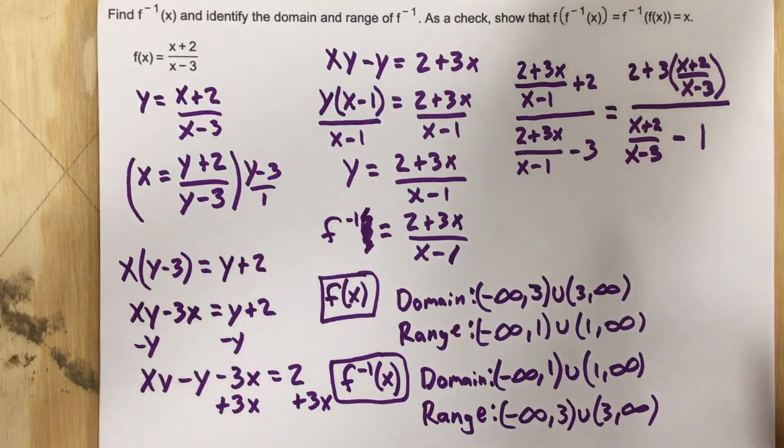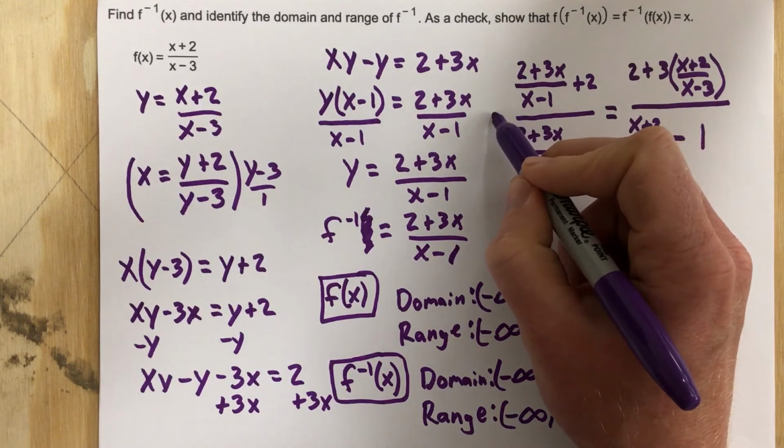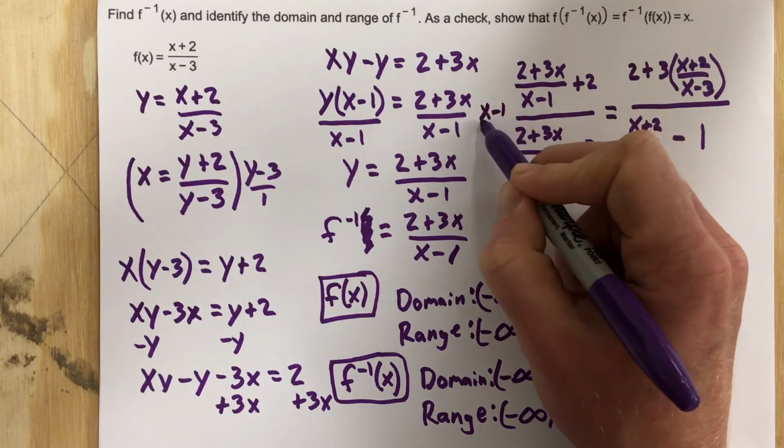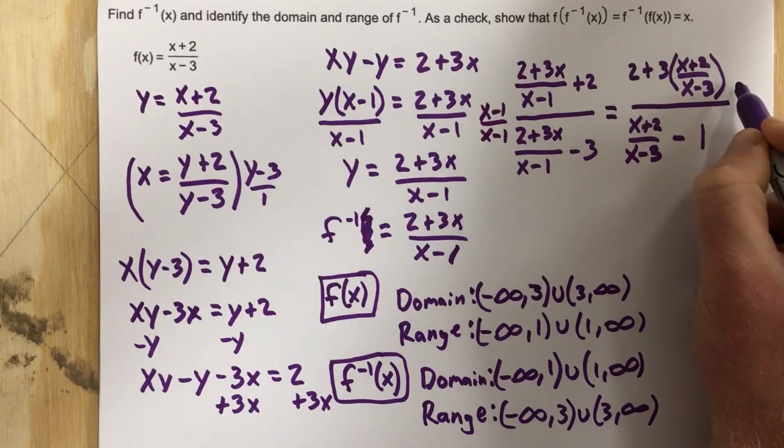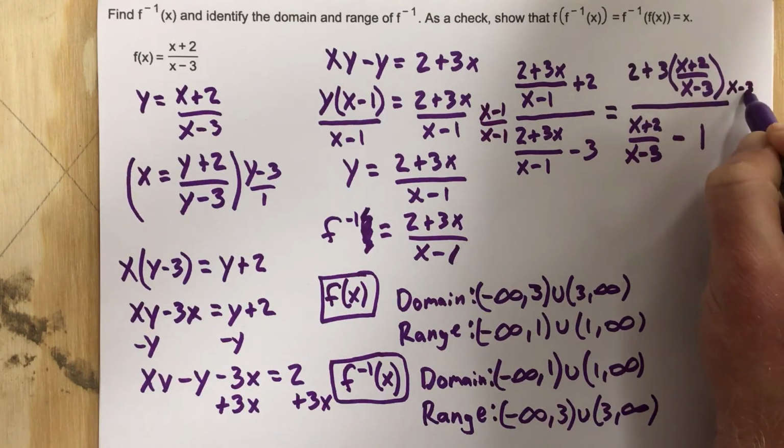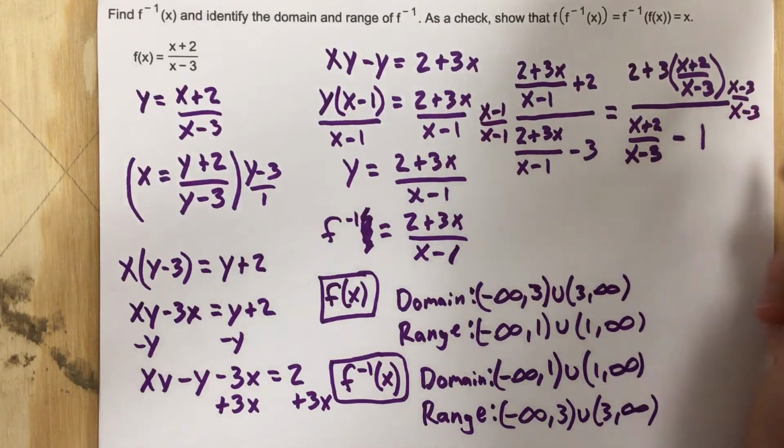Now, how can we show that these are the exact same? Well, I can multiply by x minus 1 over x minus 1 to this fraction, and I can multiply by x minus 3 over x minus 3 to this fraction, right? x minus 3 over x minus 3 is 1.